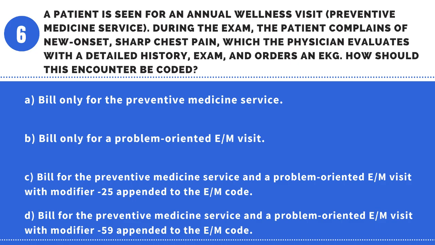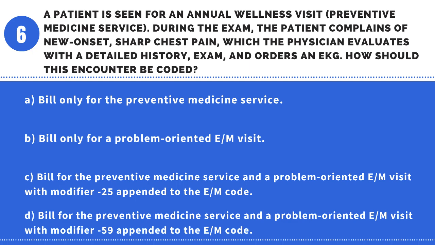A patient is seen for an annual wellness visit, preventive medicine service. During the exam, the patient complains of new-onset, sharp chest pain, which the physician evaluates with a detailed history, exam, and orders an EKG. How should this encounter be coded? A. Bill only for the preventive medicine service.